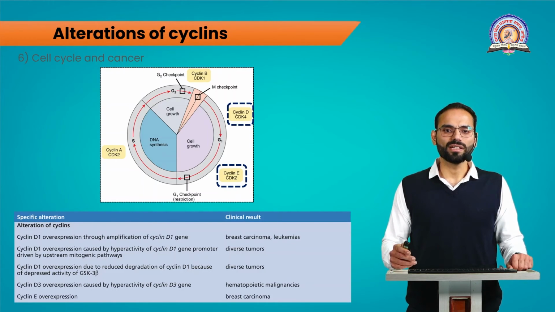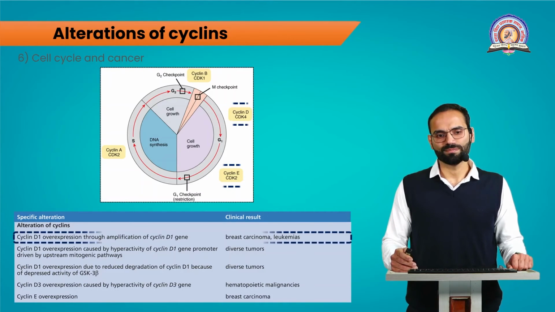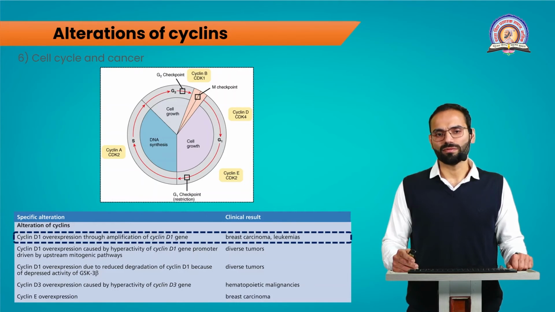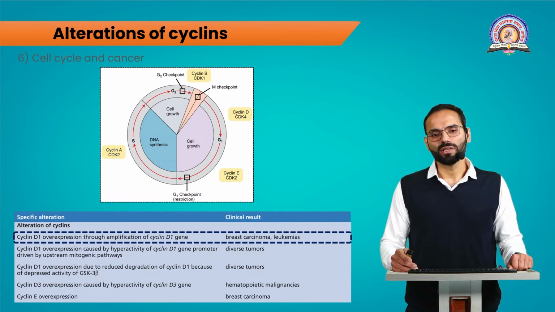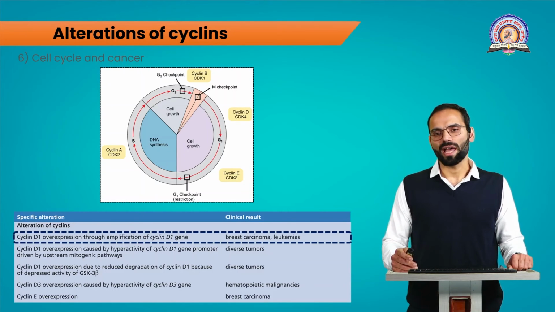So this cyclin D has also been found overexpressed in different tumors. And the overexpression mechanisms are quite different between these tumors. In the first case, cyclin D1 overexpression is normally through an amplification of the cyclin D1 gene. And that has been found in breast carcinoma and leukemias.